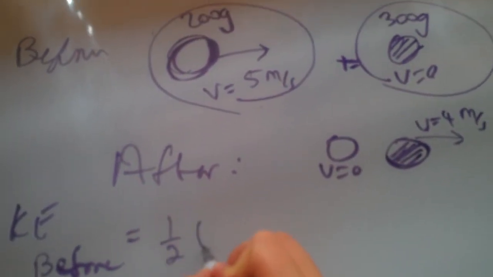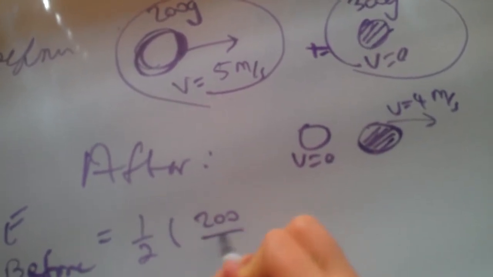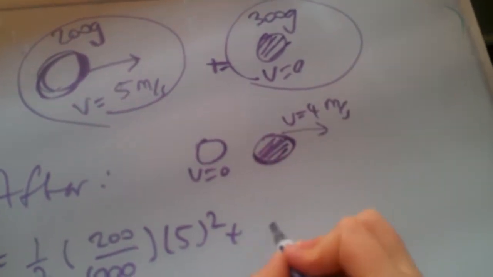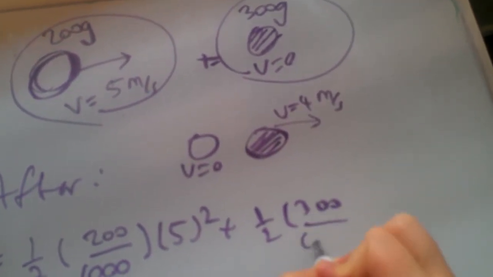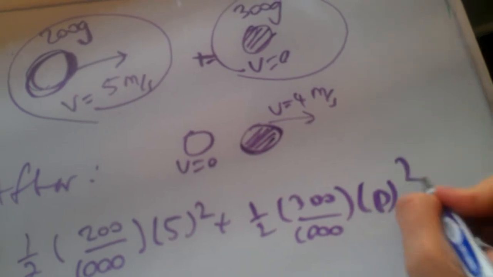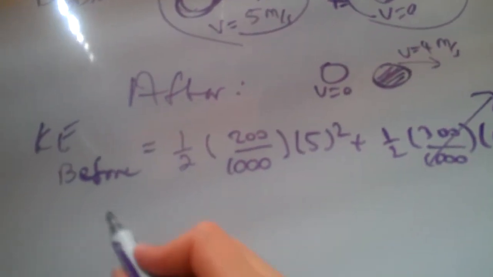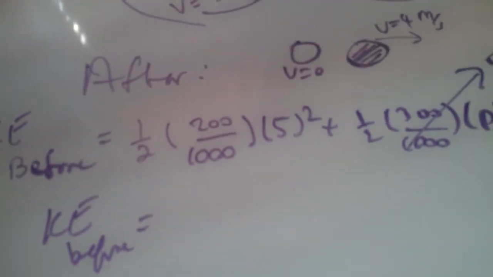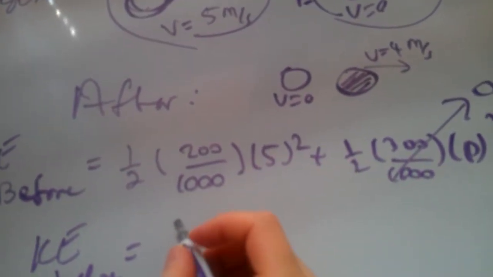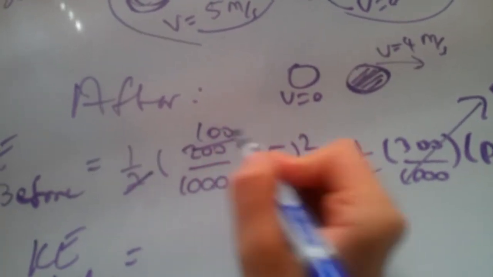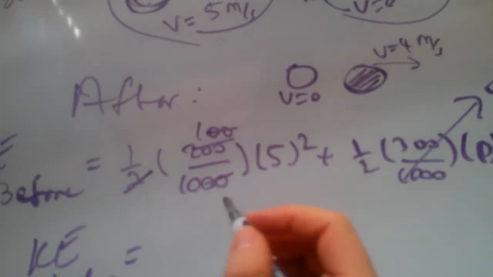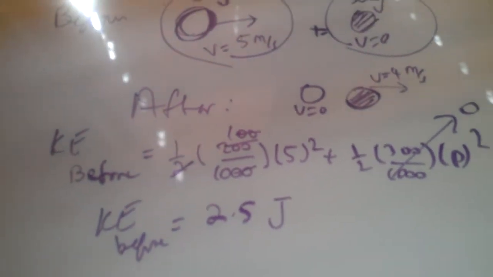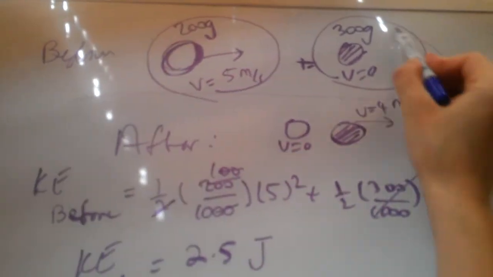So it's a half m, 200 over 1,000 to give me kilograms, v squared, plus a half m v squared, which is already zero. So let's figure out the kinetic energy before for my whole system. That gives me 100, that cancels out, and that gives you 2.5 joules of energy before the collision for the whole system.